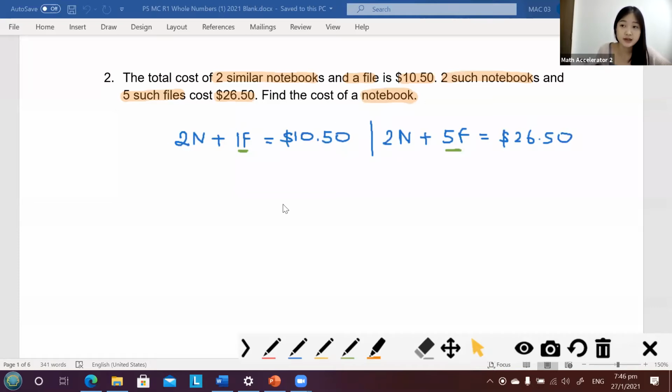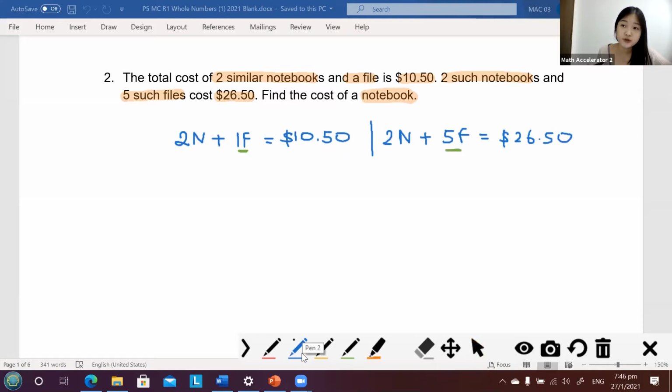You can do that. There are 2 methods to doing this. You can cancel the notebooks, or you can cancel the files, because the notebooks are already a common multiple. However, you want the notebooks, so if you cancel out the notebooks, you will have more steps to do later on. So what we want to do now is cancel out the files over here.